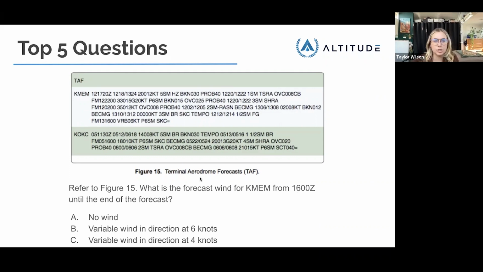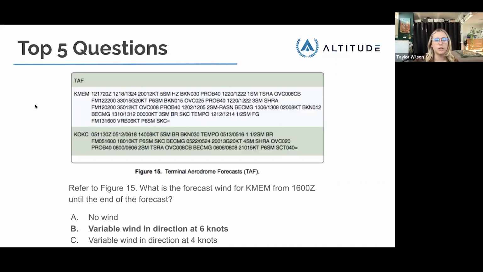I'll give you a second to try to find that. Cool, got a few answers in there. So our answer is B, variable at 6 knots.